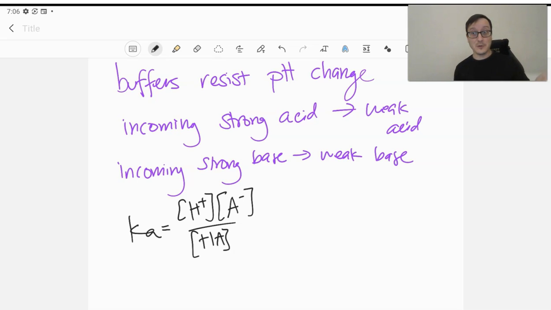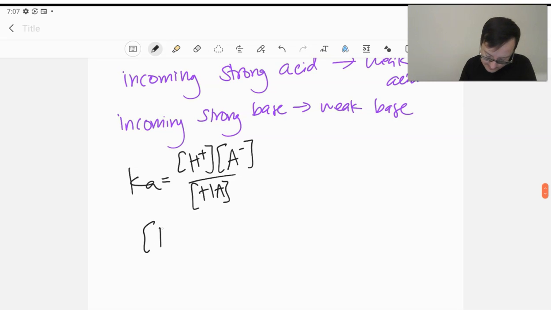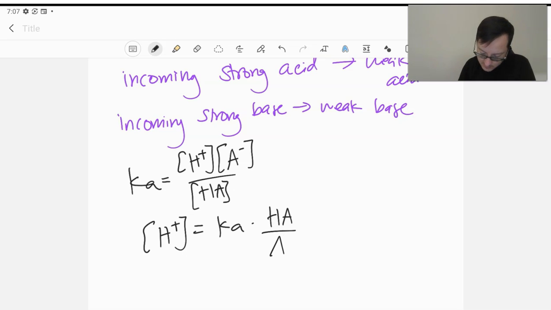If we wanted to solve this for pH, remember pH being the negative log of H plus, we can do that by taking the p of everything. But first, let's move everything off to the sides and have H plus by itself. So H plus would be equal to Ka times HA over A minus. We've multiplied by the reciprocal.